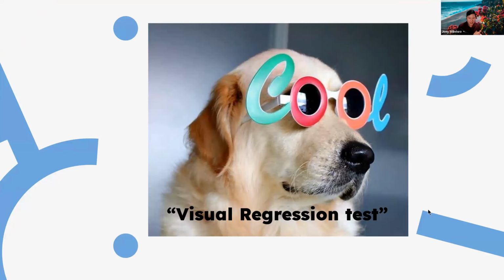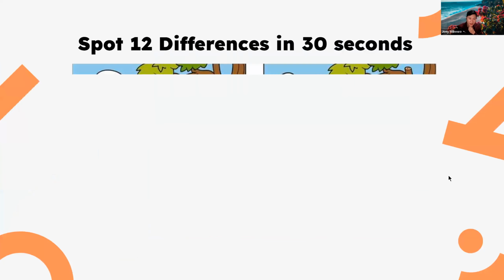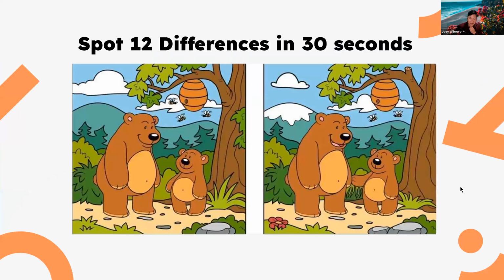Now, some of you may already know this and some of you may not, but I will go over it anyways. It is a lot like that game of spot the difference. If you ever remember in the old days, this used to be my favorite game growing up. I never knew that it was going to be useful in the future, but apparently it is.